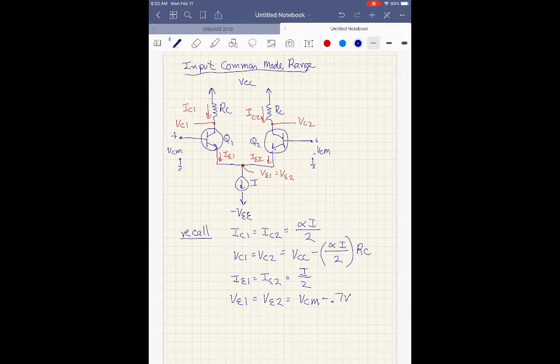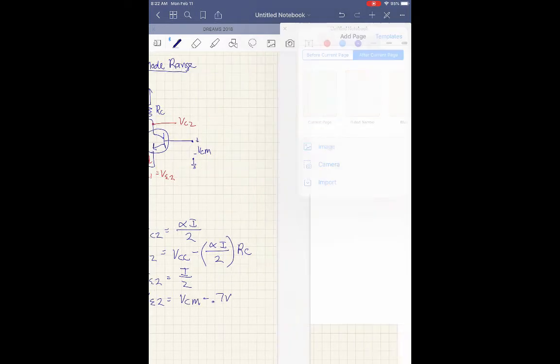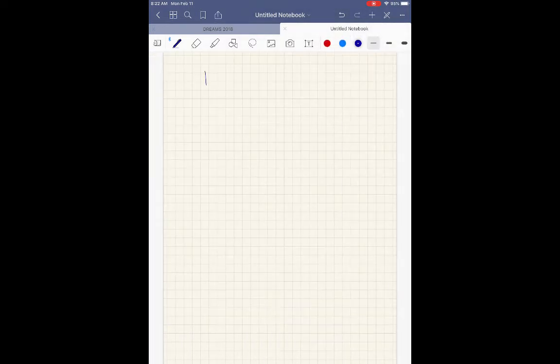Okay, and if you recall that curve we had right at the beginning when we first started talking about this section, we had IC, we had VCE, we had the family of curves, something like this, and we defined 0.7 volts. We said there was a VCE max here.